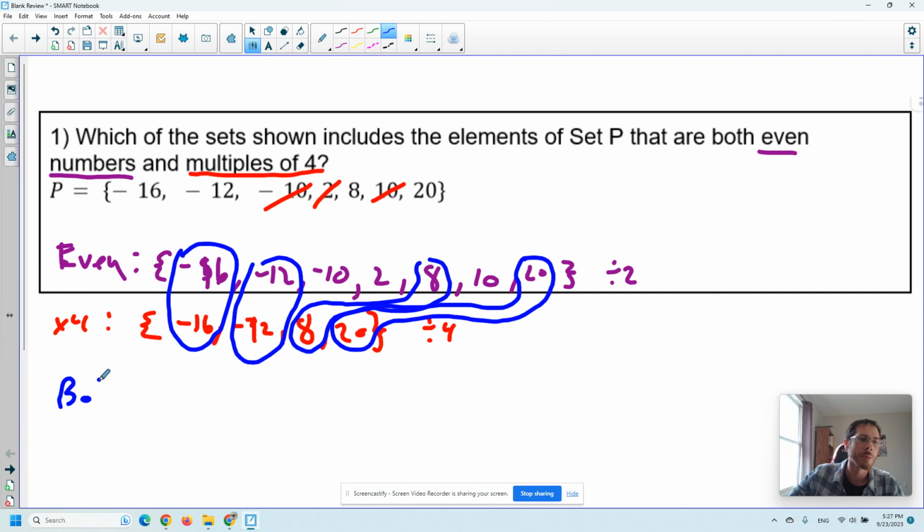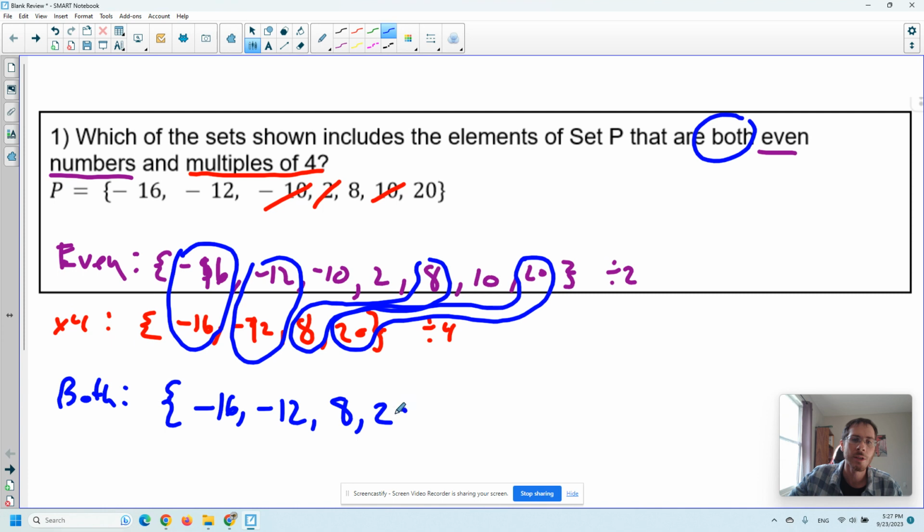So the answer, because we have to say which ones are in both, is the set negative 16, negative 12, 8, and 20. There we go, that's what we got for number one.